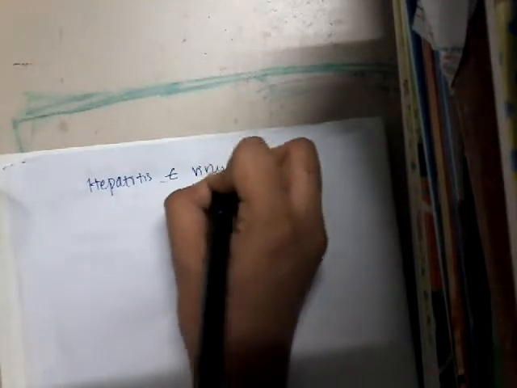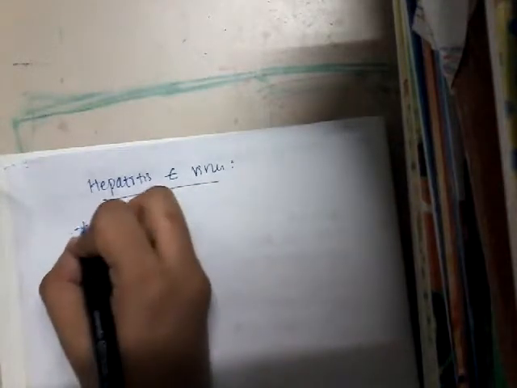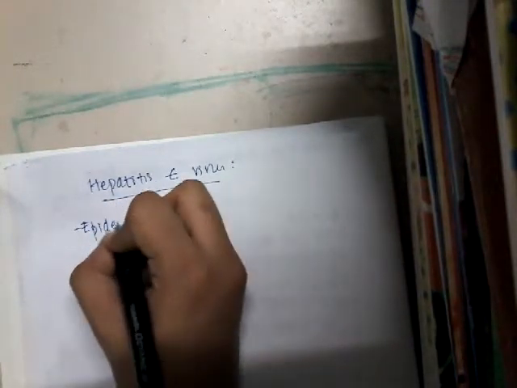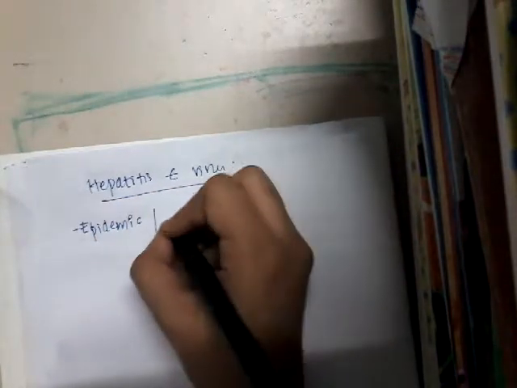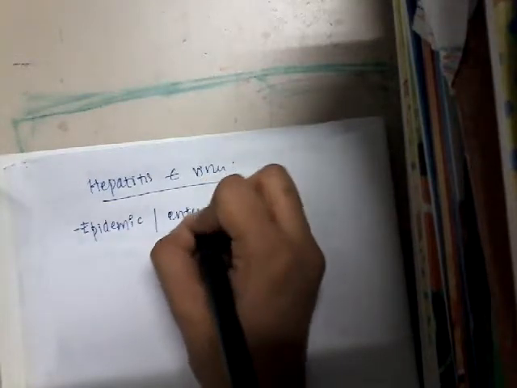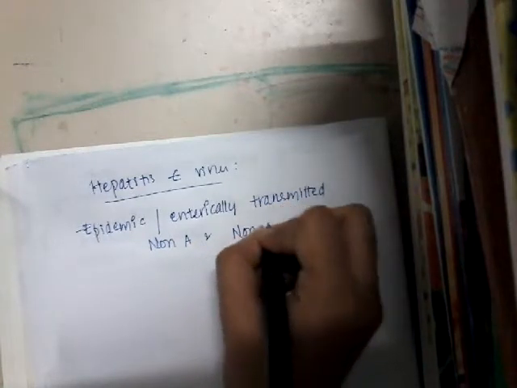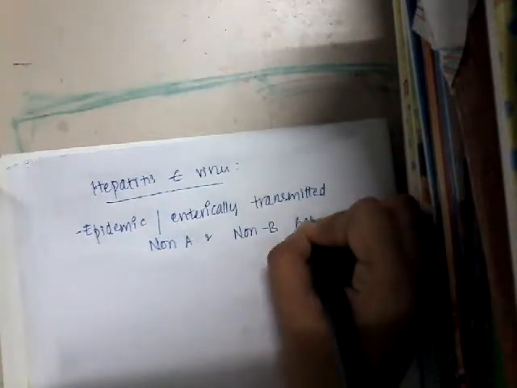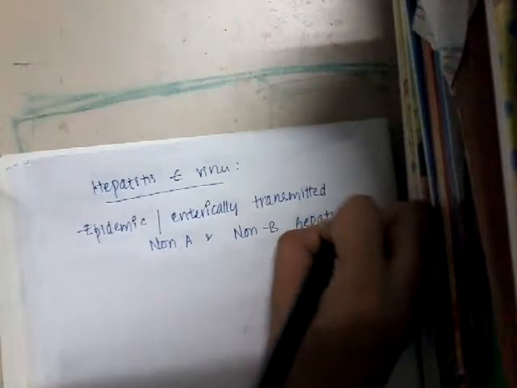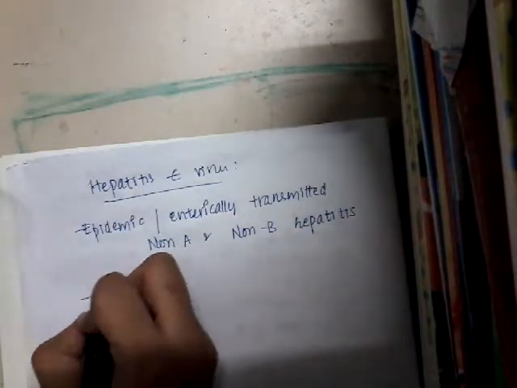This hepatitis E virus is epidemic. Previously it was labeled epidemic or enterically transmitted non-A non-B virus. So it is not an A virus, not a B virus, and it is transmitted through the oral route.